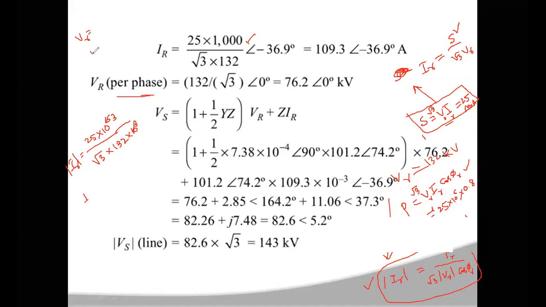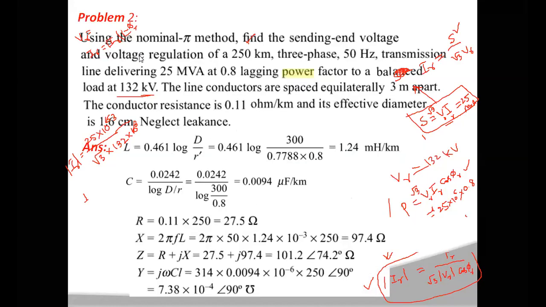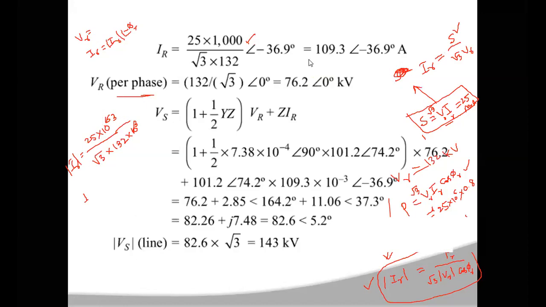As the load is a lagging load, IR will be the magnitude of IR at an angle of minus phi R. The power factor is 0.8 lagging, so cos phi R is equal to 0.8, then phi R is equal to 36.9 degrees.